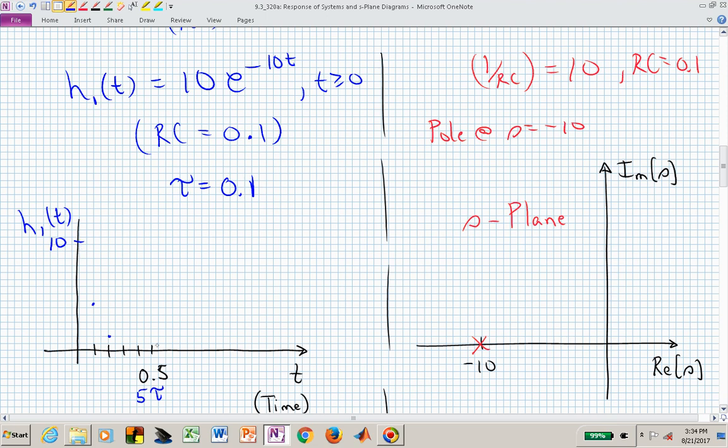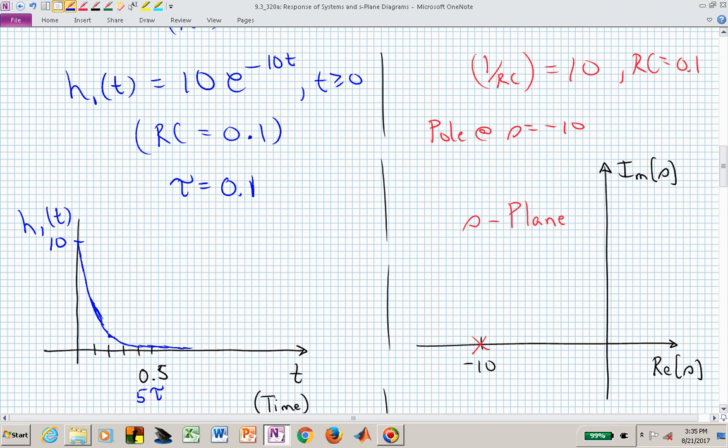I'm really down at 1% of 10, which is then a tenth for my value. You can do a better job of sketching this, but I've overemphasized where I'm at beyond 1/2. After 5 time constants, I'm effectively at 0.